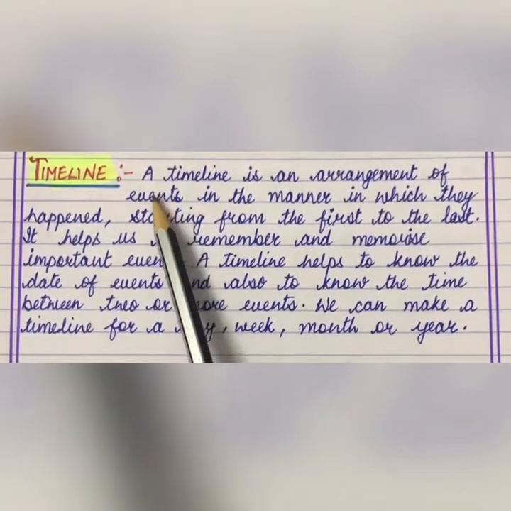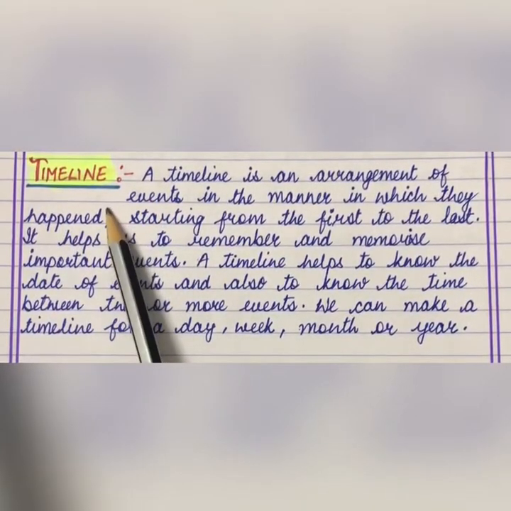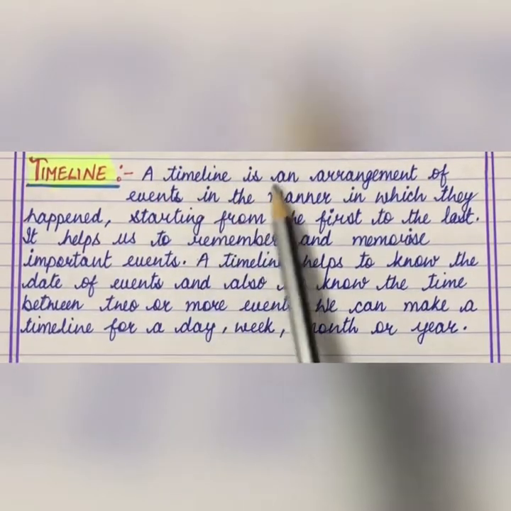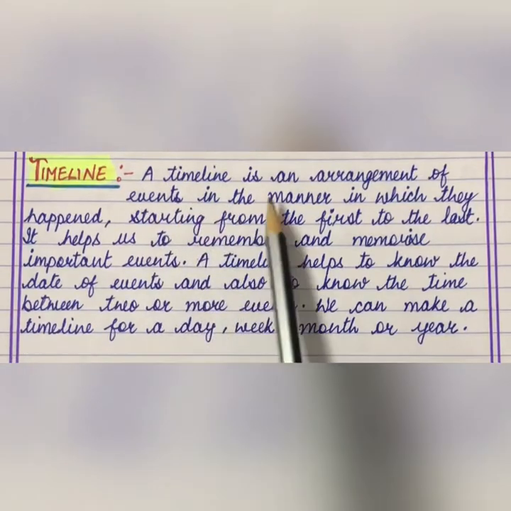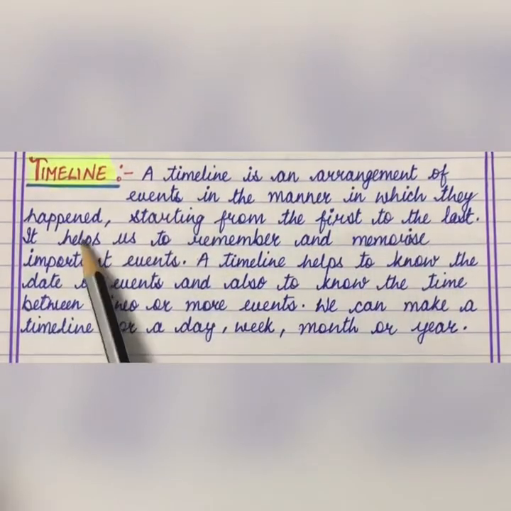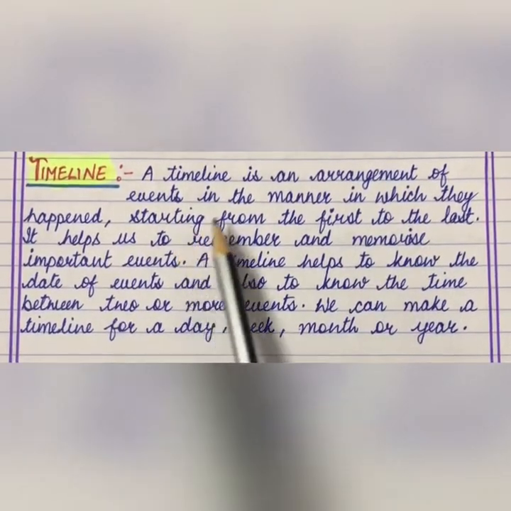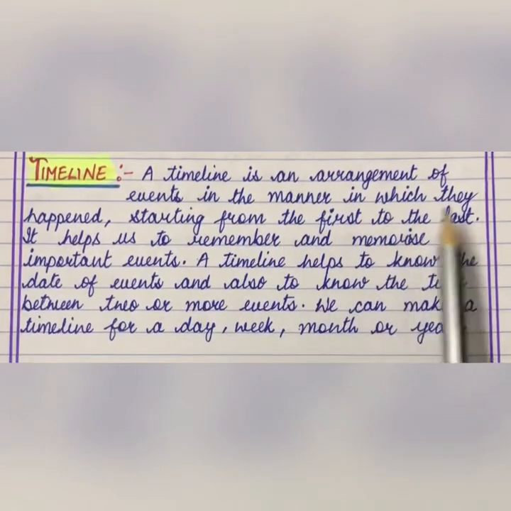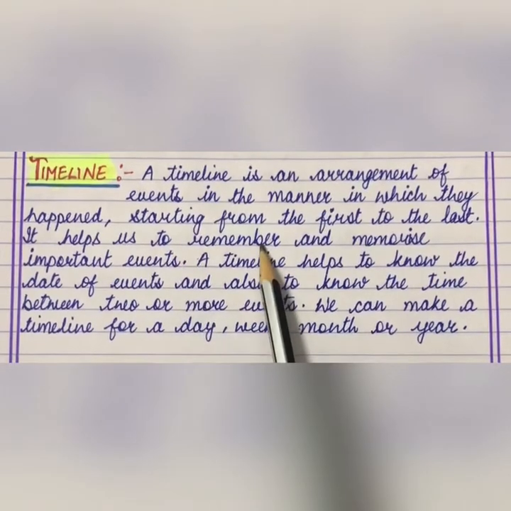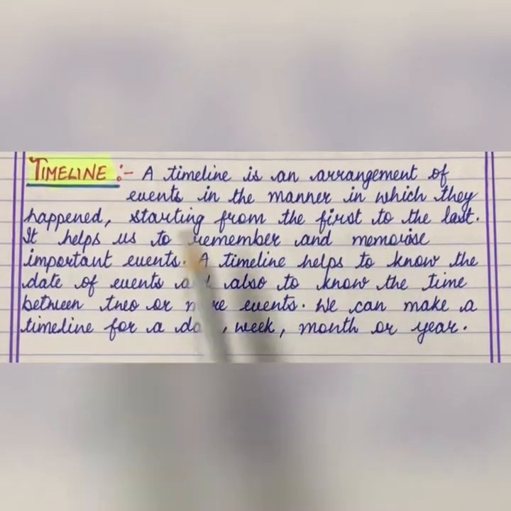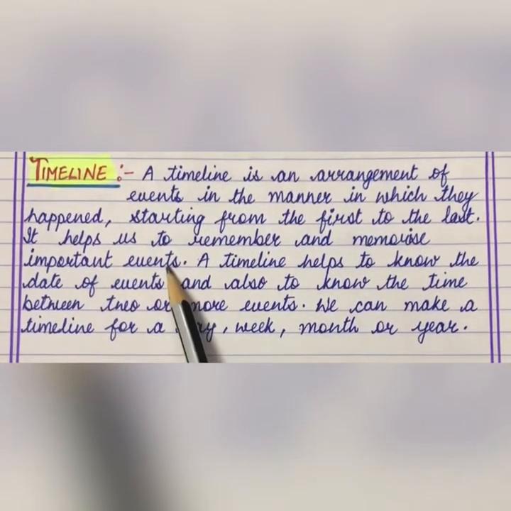Now we will discuss about the timeline. A timeline is an arrangement of events in the manner in which they happened, starting from the first to the last. It helps us to remember and memorize important events.